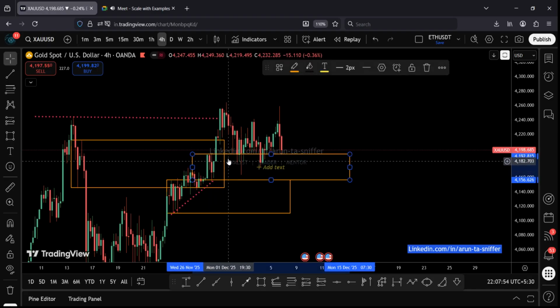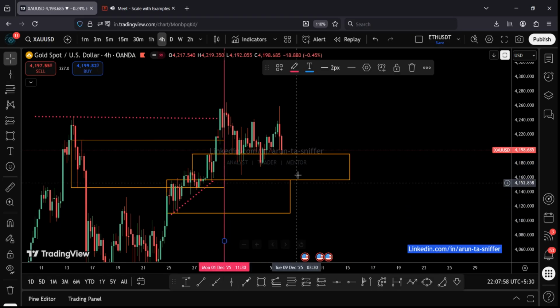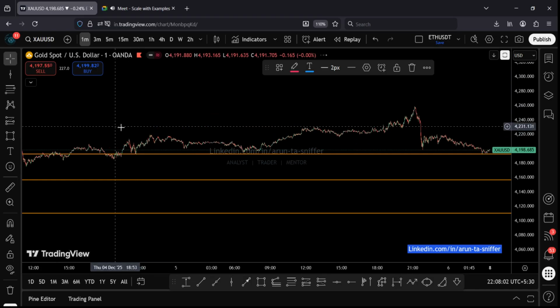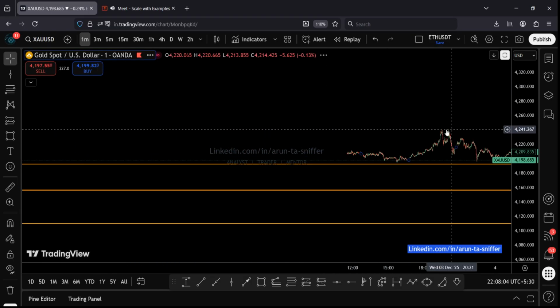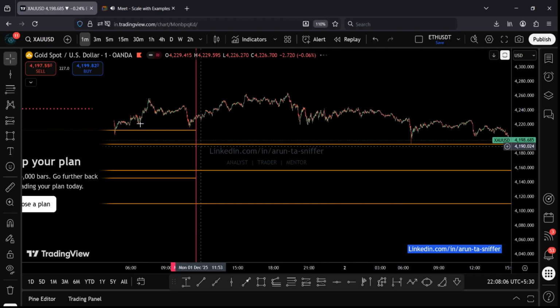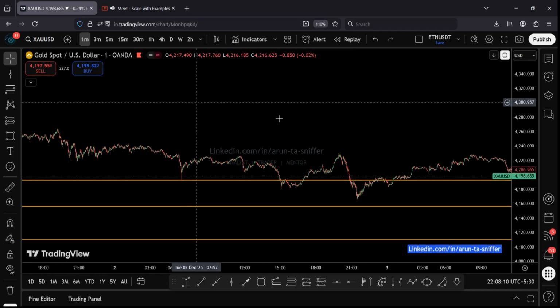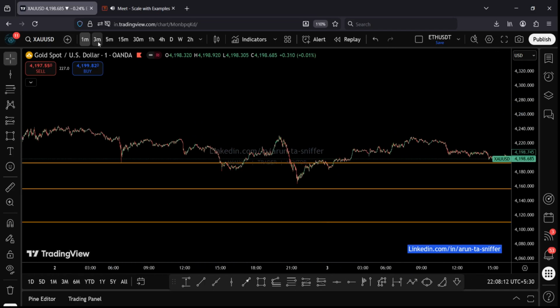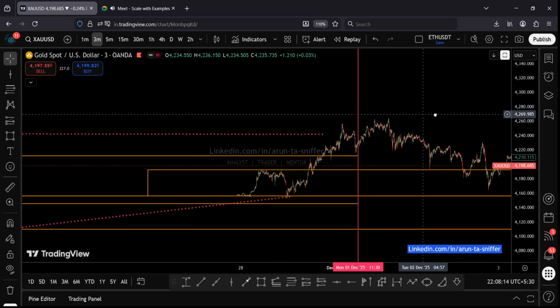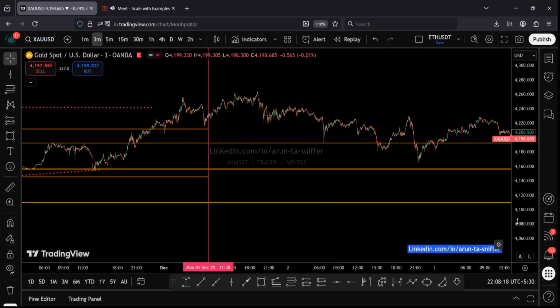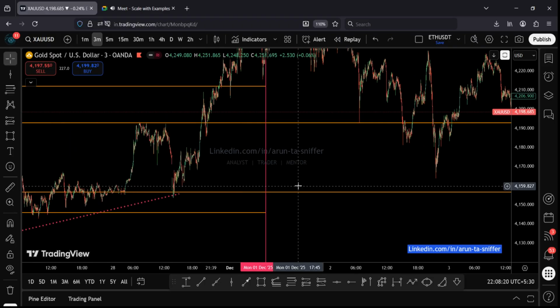We can go on a lower time frame here, on 1 minute. On the 1 minute time frame, data not available. On 3 minutes, okay, yes, data is available on 3 minutes, and price comes down again here.